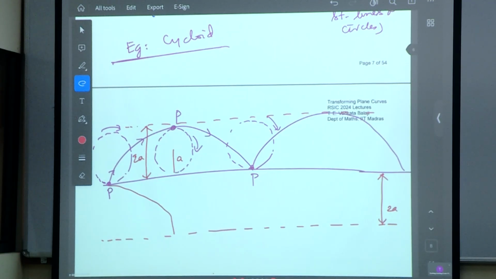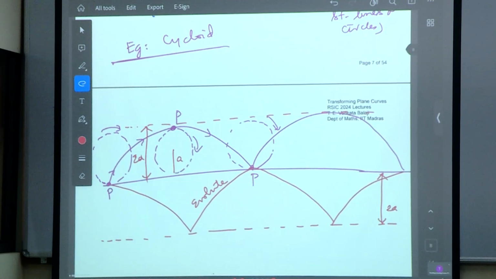Let me draw this. See, the evolute is again a cycloid, the same cycloid, but it has been displaced. This is the evolute. It is the same cycloid.